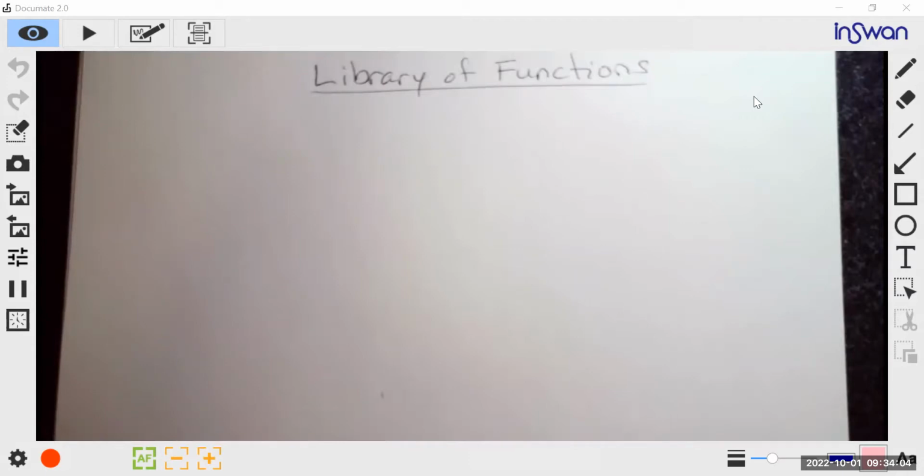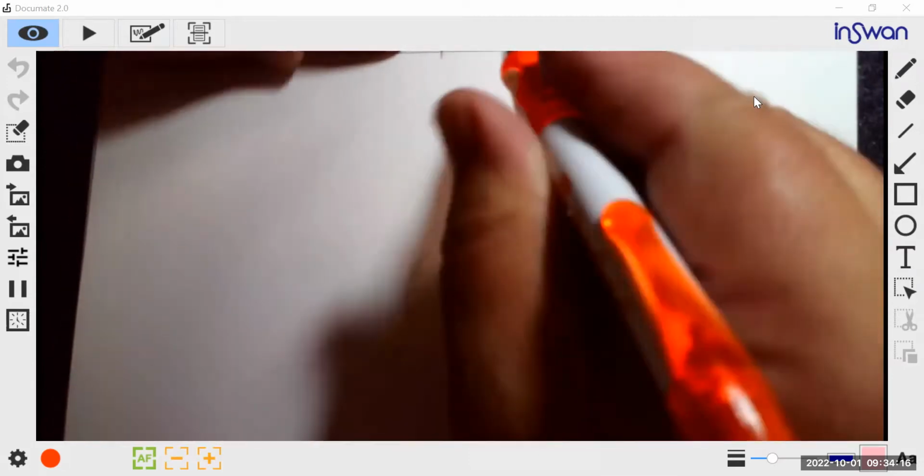The library of functions will define the basic functions that we're going to deal with and what they're supposed to look like and what they can tell us.